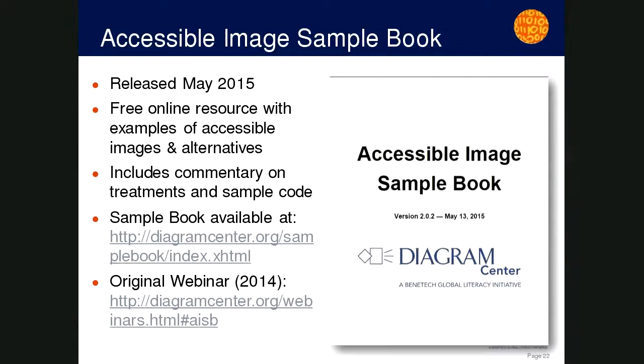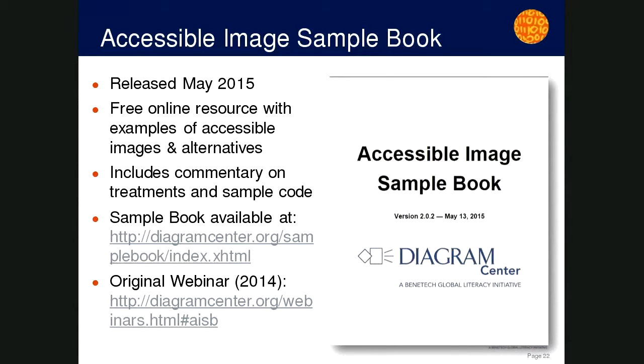Basically, the Accessible Image Sample Book collates a variety of different images and talks about best practice options for making those specific types of images accessible. It explains why and how you would do so. It gives commentary as well as code snippets, so sample code of an example, and maybe the EPUB and DAISY code that you would use to make that content accessible if you were to add it into an EPUB 3 or DAISY file.